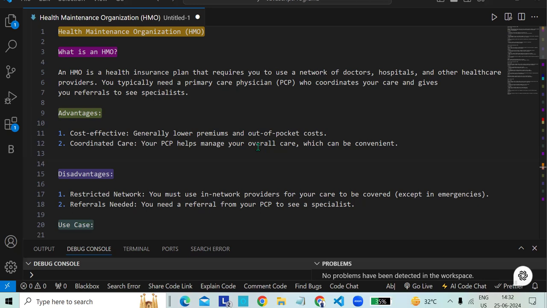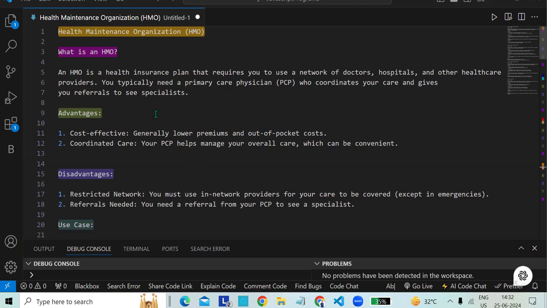So the primary care physician will refer the patient to go to a particular hospital and get treatment there. I hope you understand what an HMO plan is.